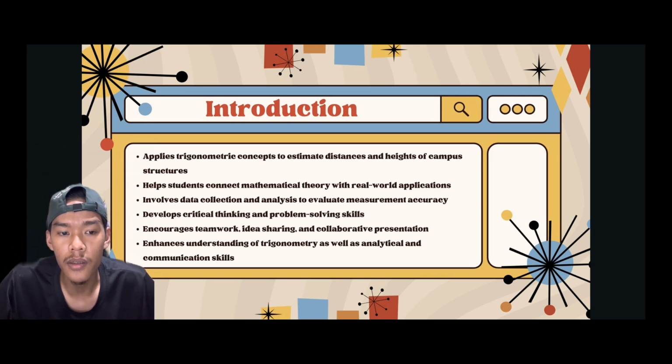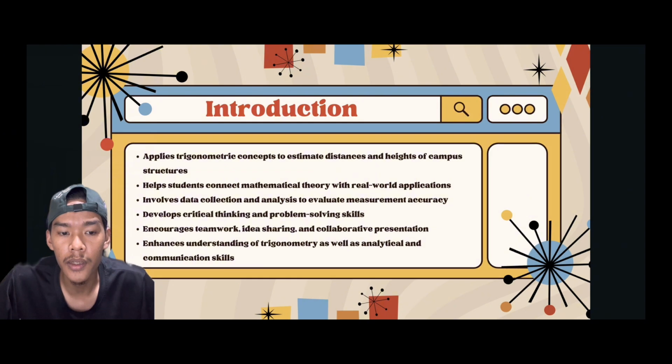Third is involving data collection and analysis to develop measurement accuracy, and next is developing critical thinking and problem solving.